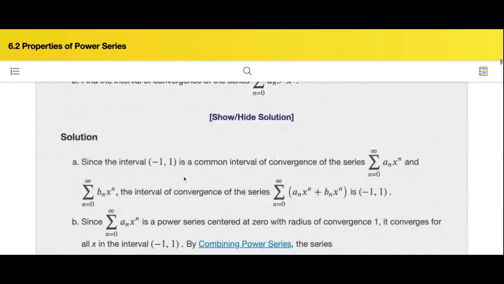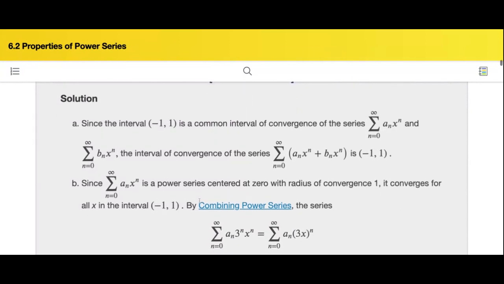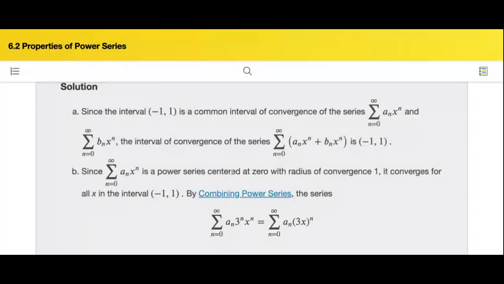Okay, since -1 to 1 is the common interval of convergence of the series a_n x^n and b_n x^n, the interval of convergence of the series a_n x^n plus b_n x^n is -1 to 1, right? And since a_n x^n is a power series centered at 0 with radius of convergence 1, it converges for all x in the interval -1 to 1.